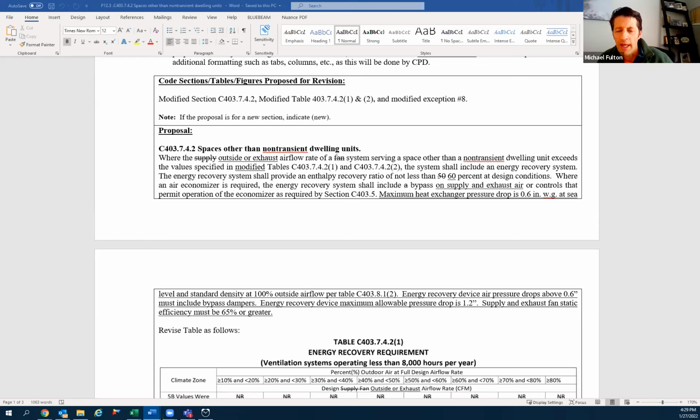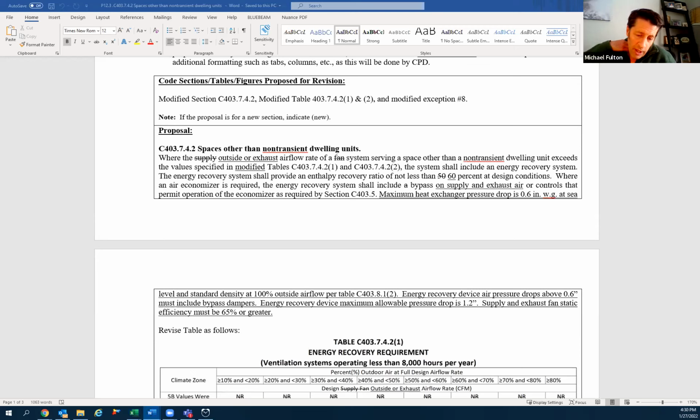We do want to modify that slightly, so I can get into the text of that in a little bit. And then it allows for increased air pressure drop on the heat recovery device from 0.6 to 1.2. But if you are going to do that, if you're above the 0.6, you would need bypass dampers so you don't get into a parasitic loss condition where you're wasting fan energy. The bypass dampers will allow you to get equivalent to that lower energy.